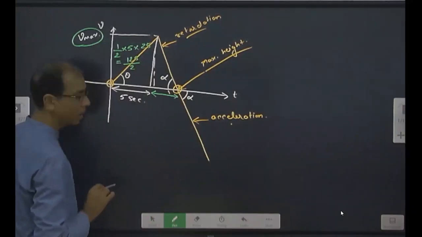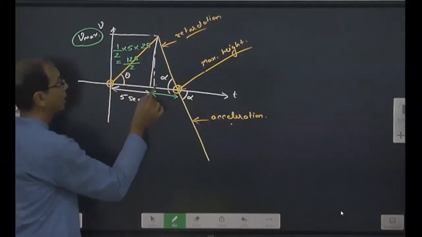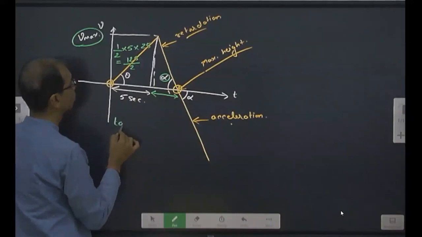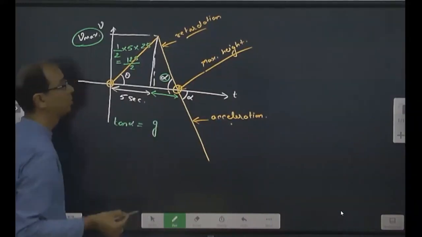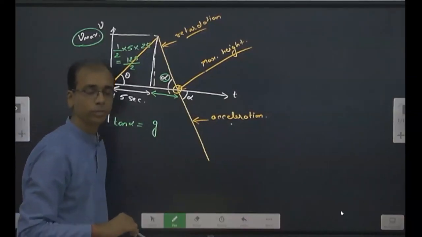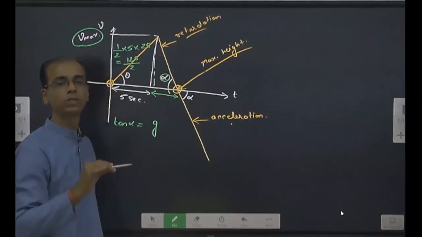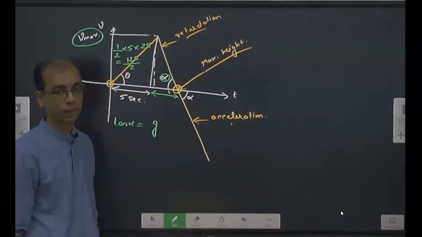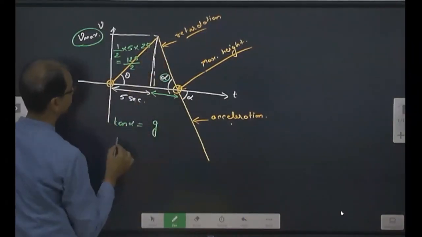So this time, can I find it? Yes, we can find it. How? I know the slope of this, that means the tan alpha value I know. How? Because it's an upward journey under gravity. After the fuel stopped, it is under gravity. So the tan alpha value is g. According to this graph, tan alpha will be V max by t.